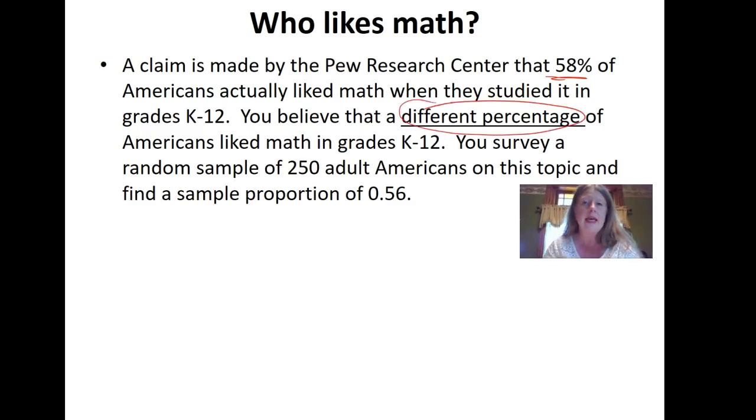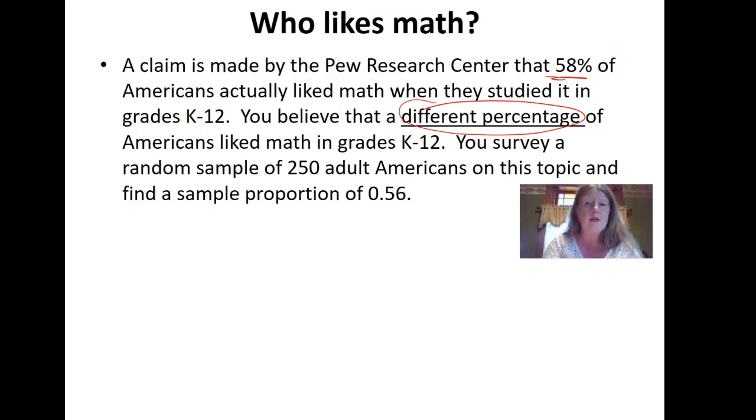So this is really the key to look for in terms of deciding whether we should be conducting a one-sided or a two-sided test. So right from the start, you think something different is going on. You're not saying you think the true percentage is greater than 58% or less than 58%. You just think it's going to be different. So look for that keyword of different. You think something different's going on.